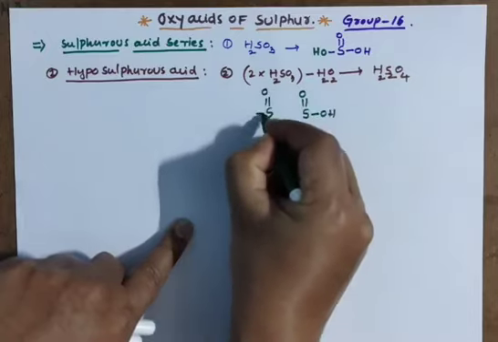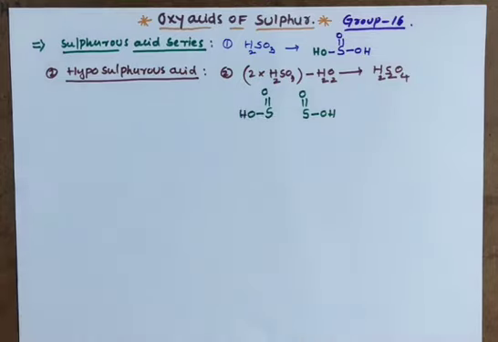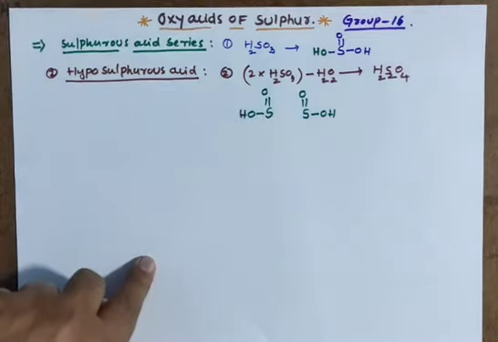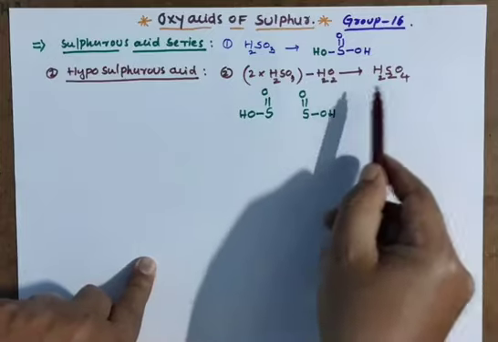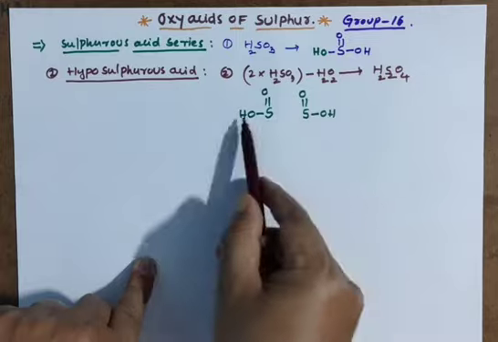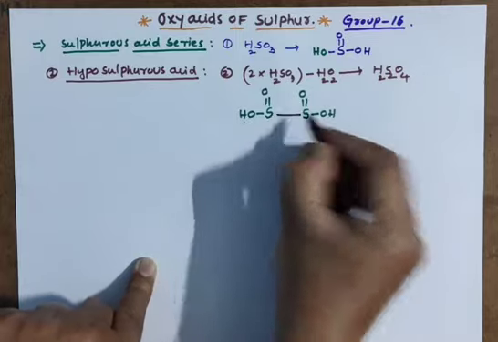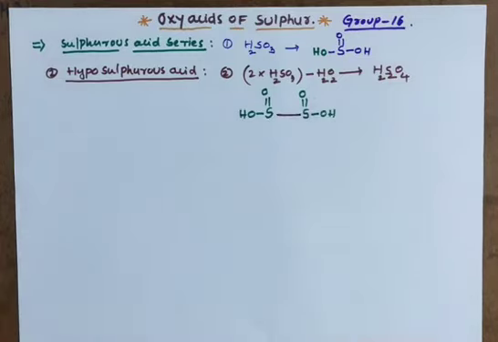This is the basic unit, and it is completed. Remaining, how many hydrogens and oxygens are there? See here: 4 oxygens completed, 2 sulfurs completed, 2 hydrogens. So now make the bond between S and S. This is the structure.